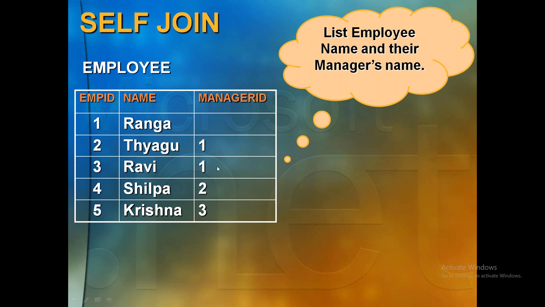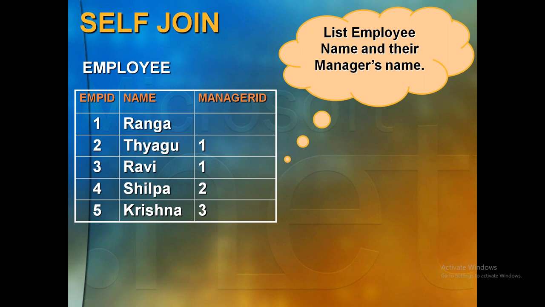I have only the boss ID or the manager ID. But in the query, I am supposed to get the name of the employee along with his or her boss's name, the manager's name. So Tiagu's boss is Ranga and Ravi's boss is also Ranga, something like that. Clear? So I wanted to get this.